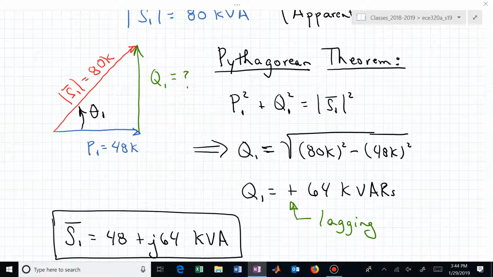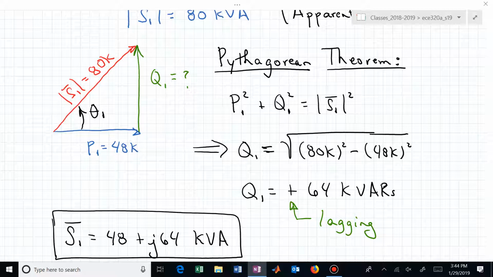Real power, reactive power, equals apparent power. That's the Pythagorean theorem, and now you can use that information. We know that the hypotenuse is 80, the real is 48, and now we can just draw our triangle to find what that Q is, and we know since it's lagging, it's going up.